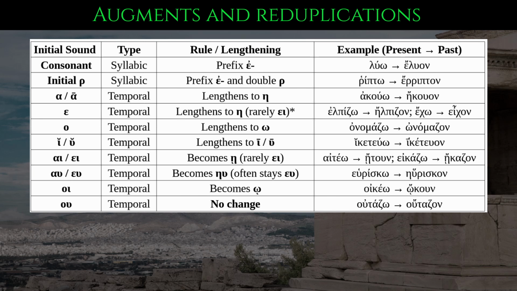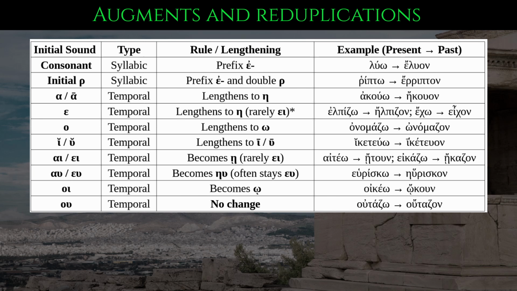Those, as you probably guessed, simply lengthen to the long version, iota and ypsilon longa. Here, for example, hiketeuo becomes hiketeuon. Usually, the symbol on top that indicates a short vowel is left out.